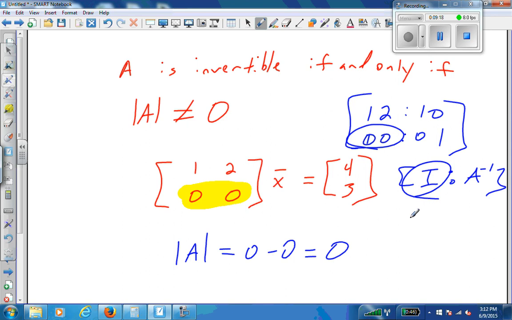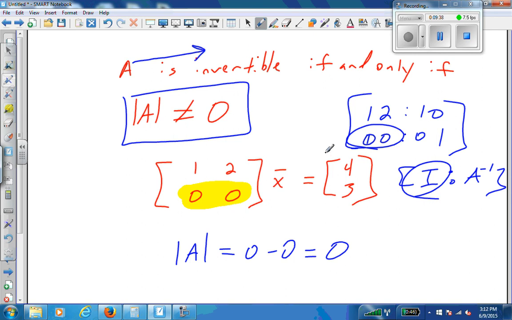So this works both ways. If we know that A is invertible, then we know that our determinant can't be 0. Also, if our determinant is not 0, then we know A is invertible.